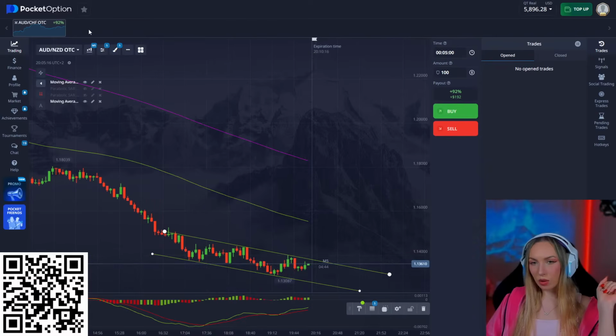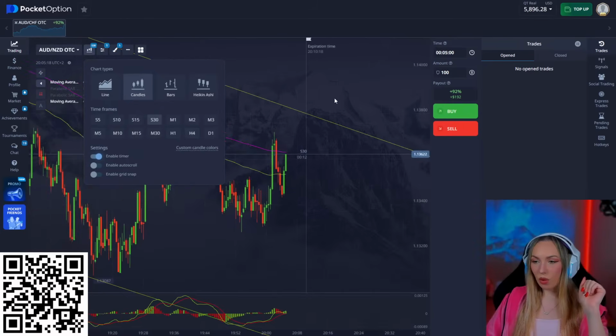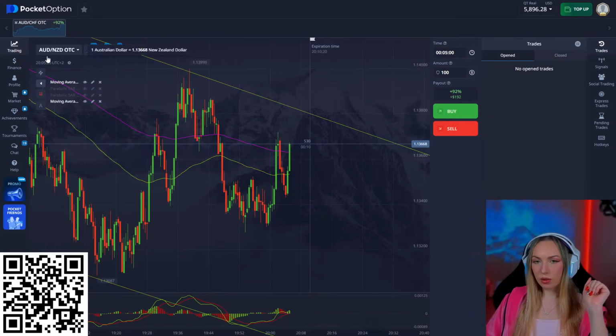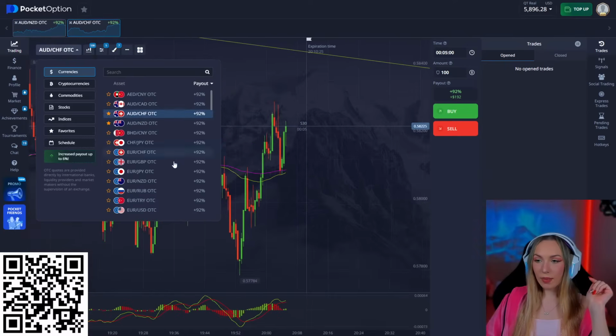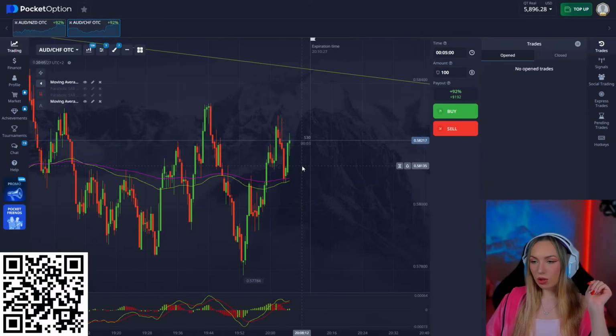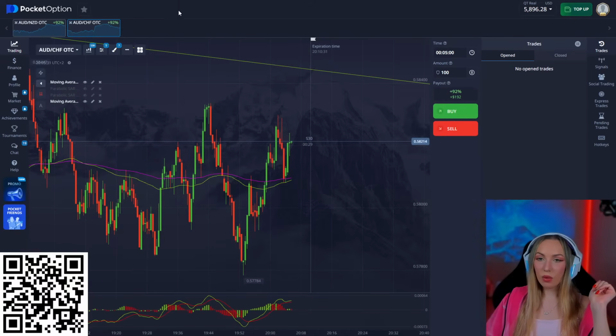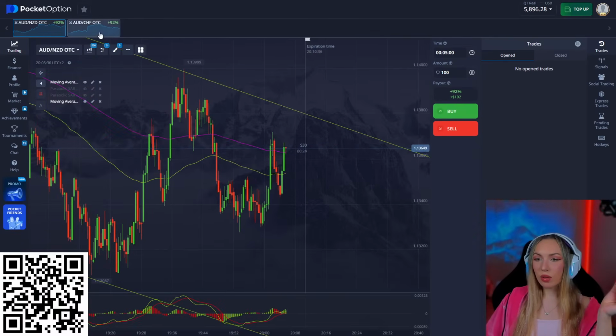I think it will go up more, and then we can open the trade in the downward direction. Maybe let's also put a star here, and this one actually also went a little bit up. So we're still waiting. So now we have 2. Actually they are both AUD, so they are kind of the same.